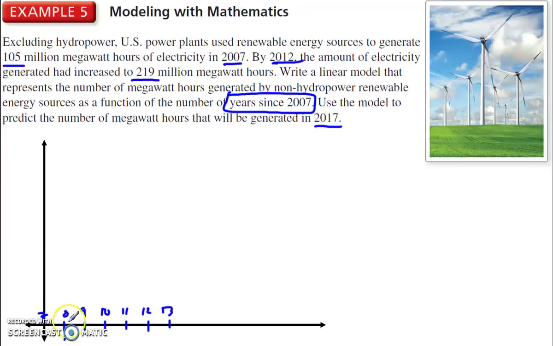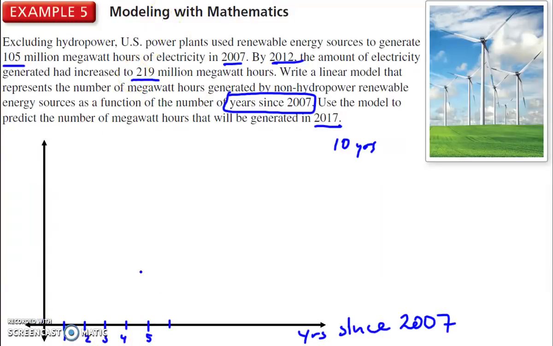That would be 1 year in 2008, 2 years in 2009, 3 years in 2010, 4 years in 2011, and 5 years since 2007. Okay, and then so on. So in 2017, that's going to be 10 years since 2007. All right, now we'll erase these so those don't confuse you any further.